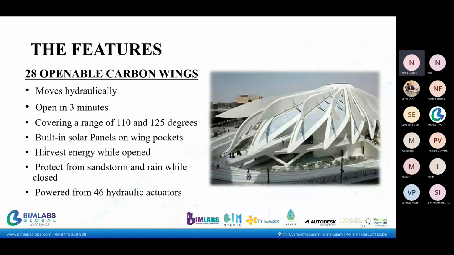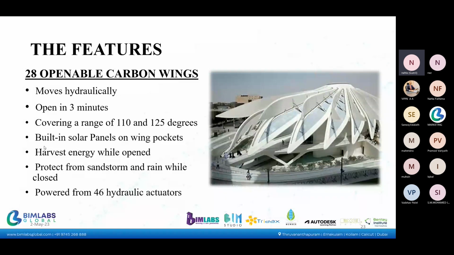So it's fine. Even if we visited the building, we might not notice all these features. We'll be amused by the structure and the movement of the wings, but we won't be able to know the features or the functionality behind all these elements.